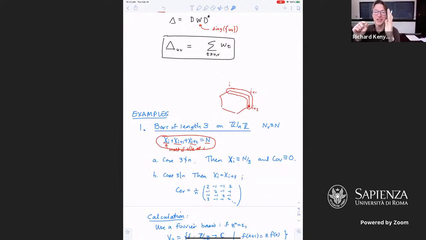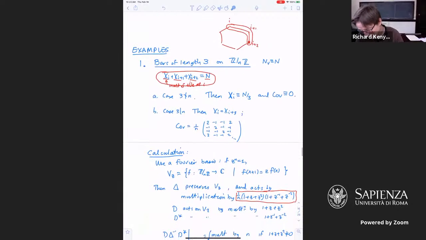Knowing the density of tiles at a given location determines the density of tiles arbitrarily far away, in terms of multiples of 3. An arbitrary multiple of 3 away from it. So it's not obvious where this matrix comes from. Let me go through the calculation because I will use it immediately for the slightly more complicated cases.